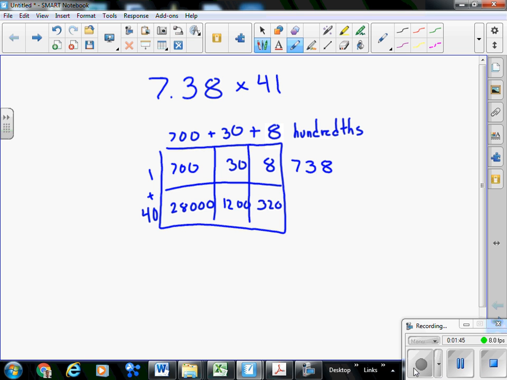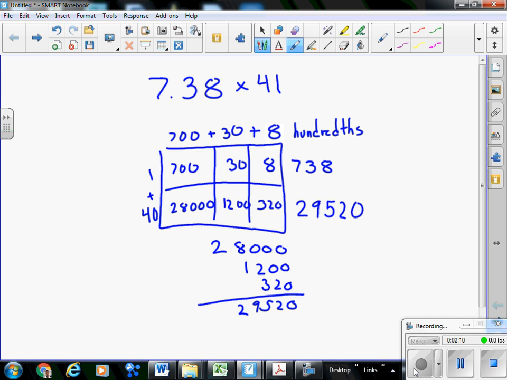And then if I add the next one up, if I could do this in my head, I can't, so I'm just going to go 28,000. And then we're going to go 1,200. And then we're going to go 320. So we get 29,520.